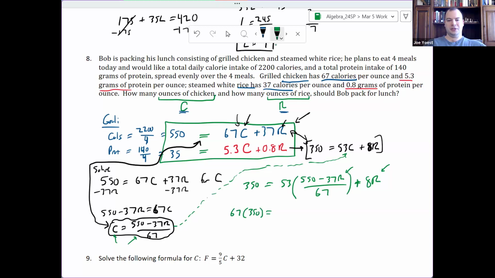On the left side, 67 times 350 equals 67 times 53 times numerator over denominator 67. The 67s cancel. And then 67 times 8R.